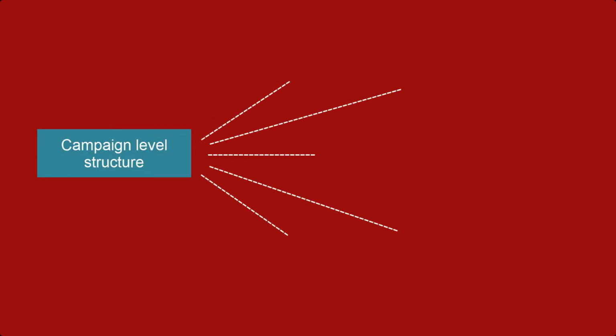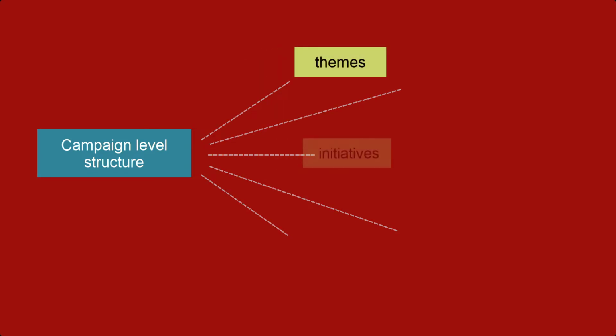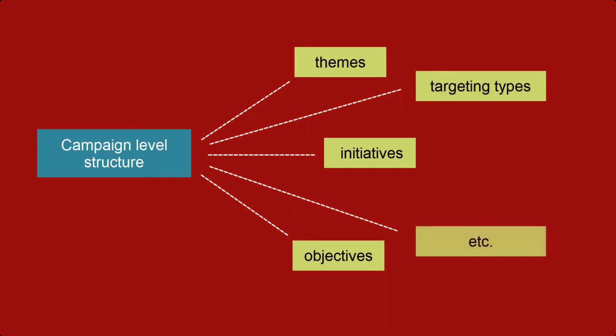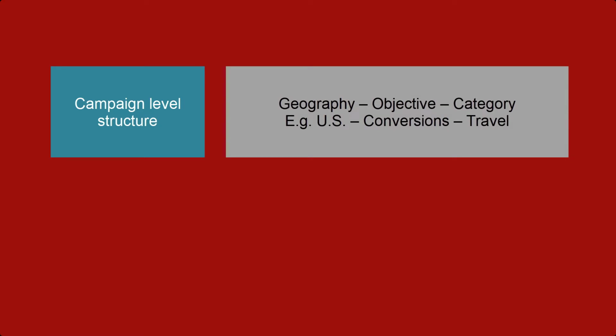For campaign level structure, there are a number of ways you can split up your campaigns by themes, initiatives, objectives, targeting types, and others. As a rule of thumb, we recommend organizing your campaigns thematically. For ad set level structure, ad sets allow you to achieve a greater degree of granularity in your campaigns. You can split your ad sets by what you haven't used for your campaign level splits.